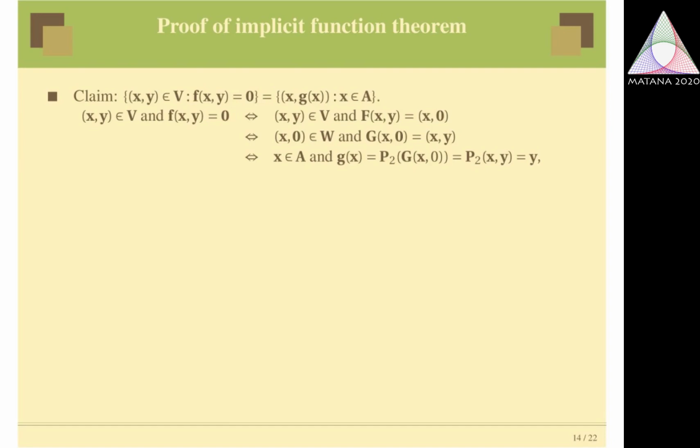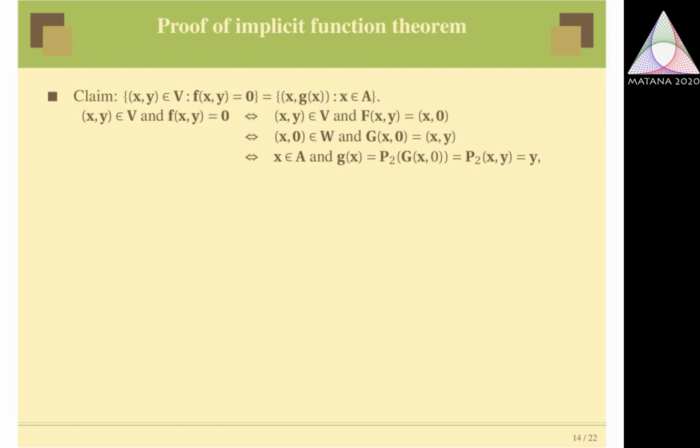To get the next equivalence, we simply apply that capital F from V to W is a bijection and its inverse is given by G. Therefore, in the equation capital F of (x,y) is equal to (x,0), if we apply G on both sides, we get G of (x,0) is equal to (x,y).